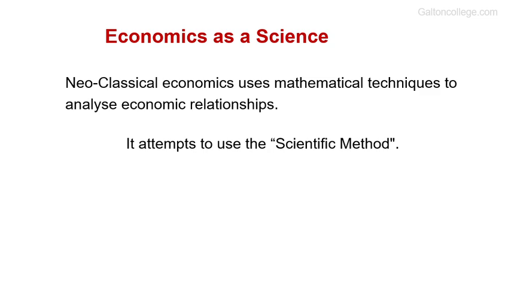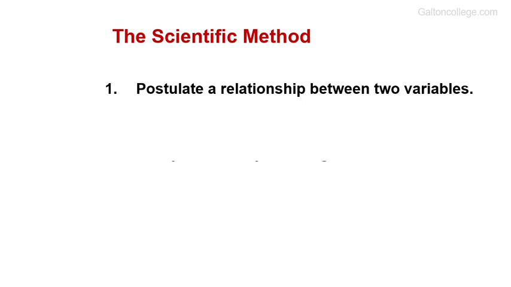Economics attempts to use the scientific method. It calls itself economics as a science. We need to talk about what is meant by the scientific method. Well, to start, the scientific method is to postulate a relationship between two variables. Something affects something else. So whenever we have a relationship in science or now in economics, something affects something else, we have a relationship. We're postulating a relationship. These two things are connected.